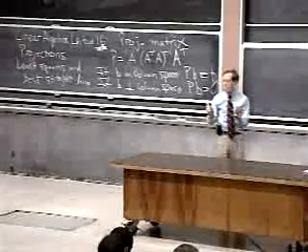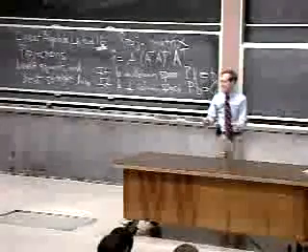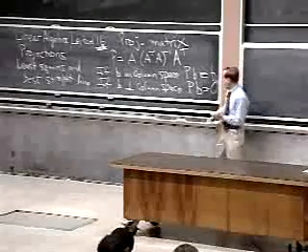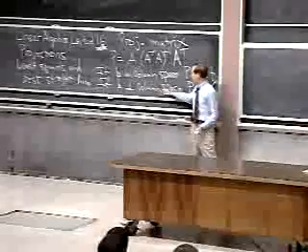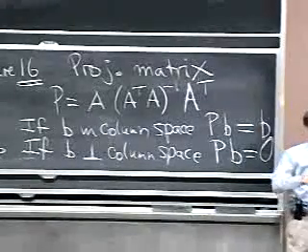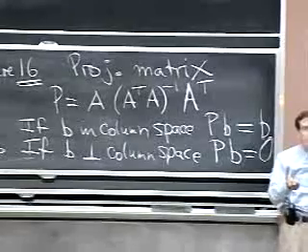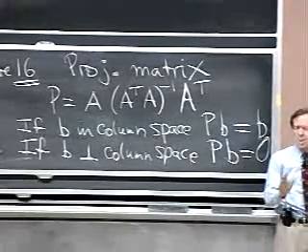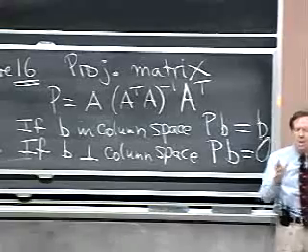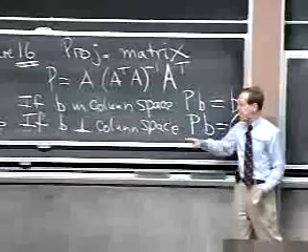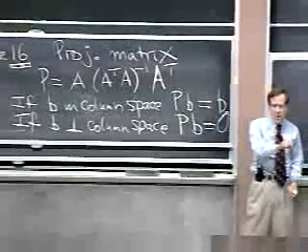We've got our 4 spaces. The reason I do this is it's perfectly using what we know about our 4 spaces. What vectors are perpendicular to the column space? Those are the guys in the null space of A transpose, right? That's the first section of this chapter. That's the key geometry of these spaces. If I'm perpendicular to the column space, I'm in the null space of A transpose.